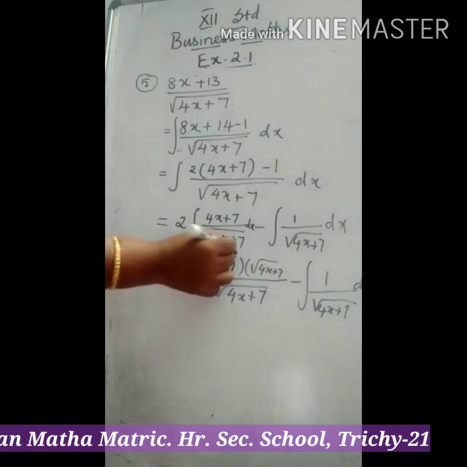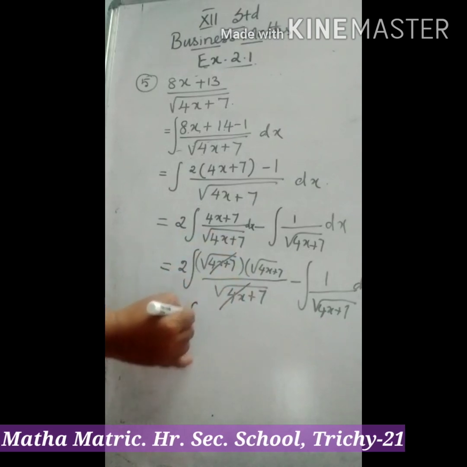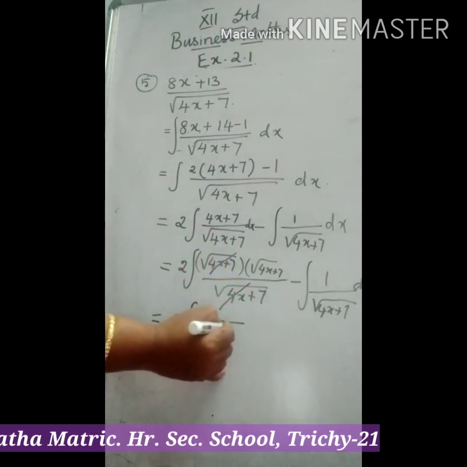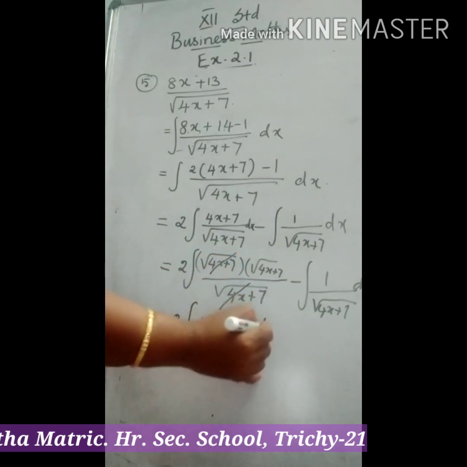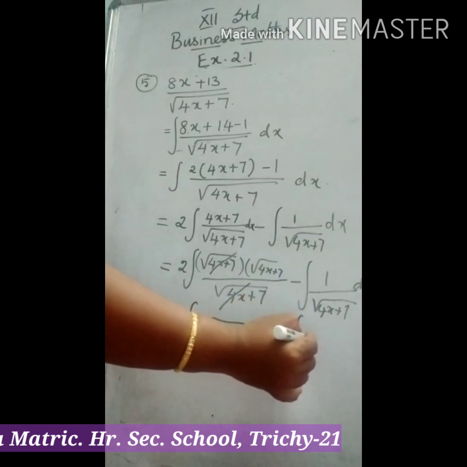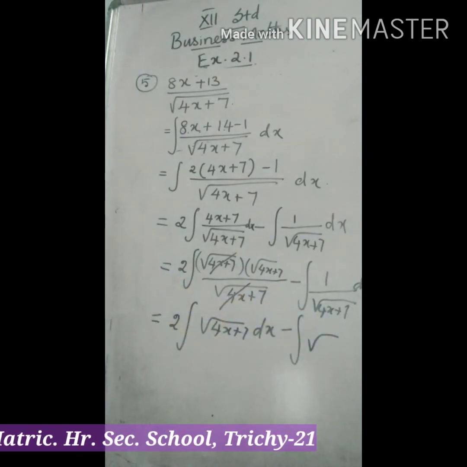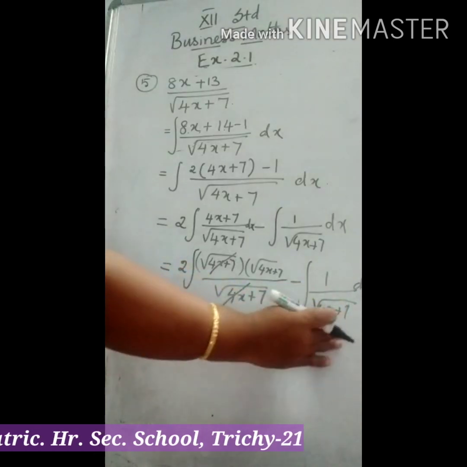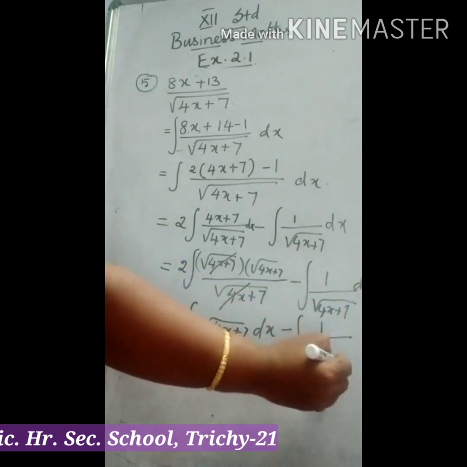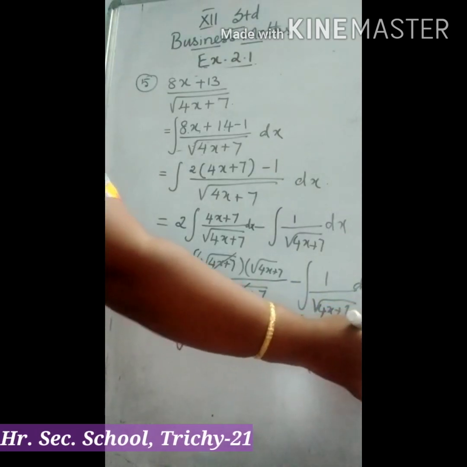Now we strike out this one and we get 2 into integral of root of 4x plus 7 into dx, minus integral of 1 by root of 4x plus 7, that is 1 by (4x plus 7) the whole power 1 by 2, into dx.